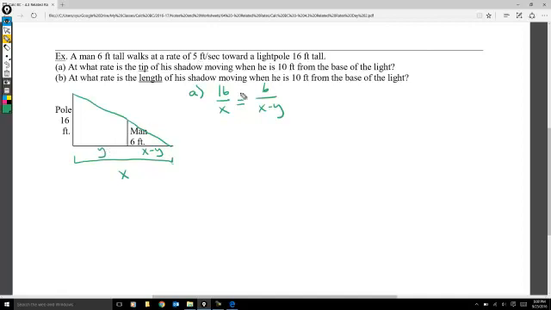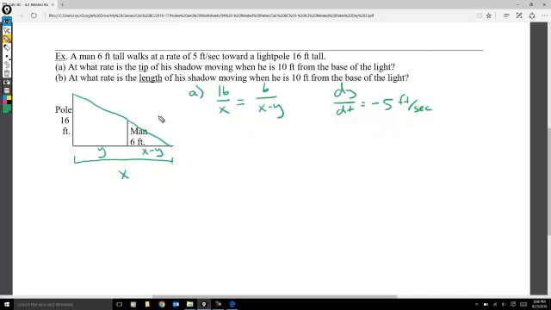The distance between the man and the light pole I called y, and y is changing at a rate of 5 feet per second. He's walking towards the light pole, so y is decreasing, so dy/dt has to be negative, and I know it's 5 feet per second. That's something that I know.